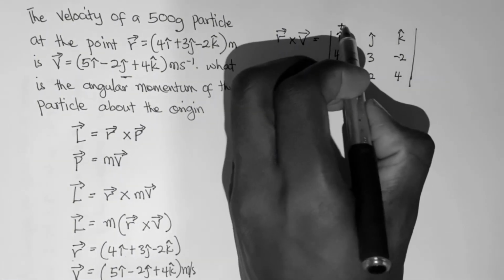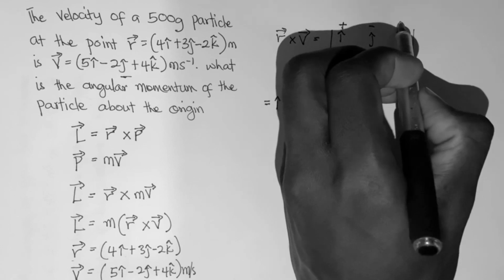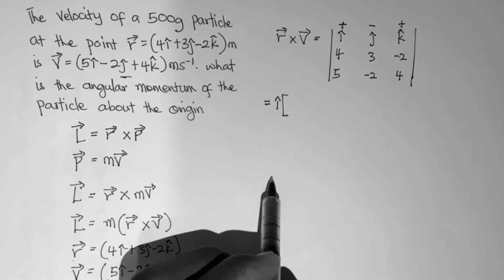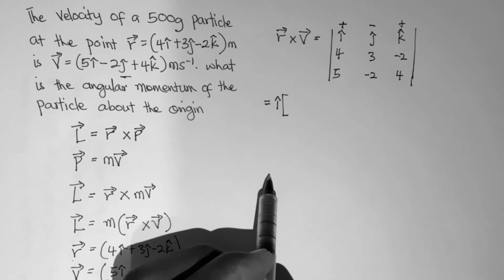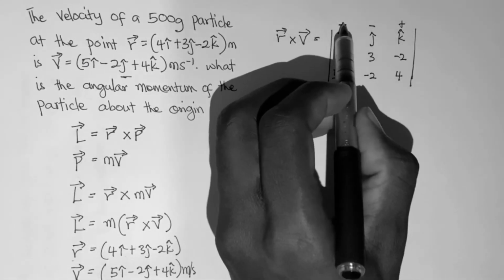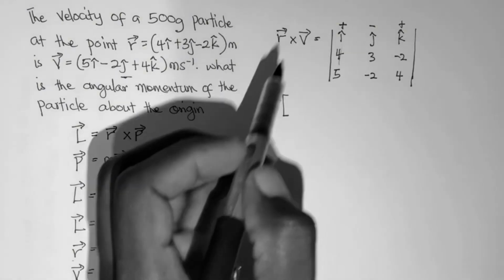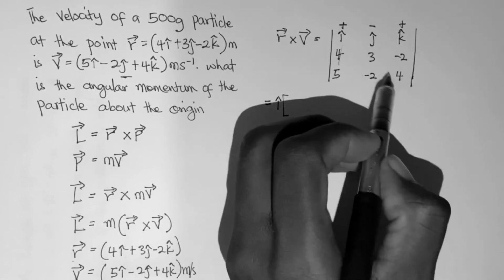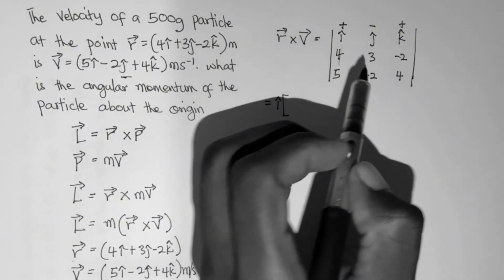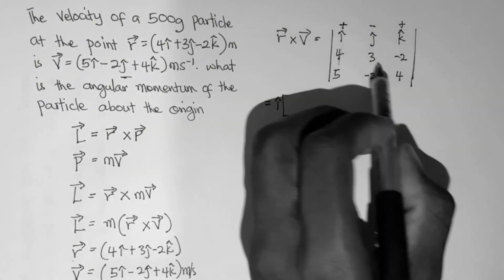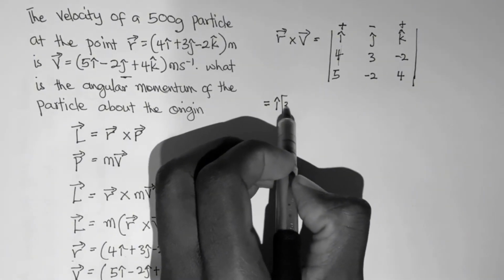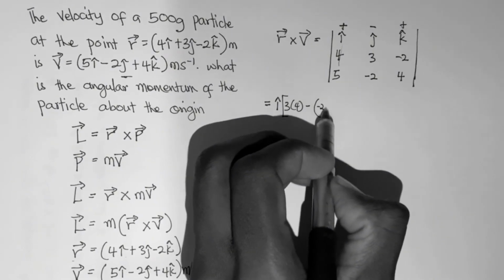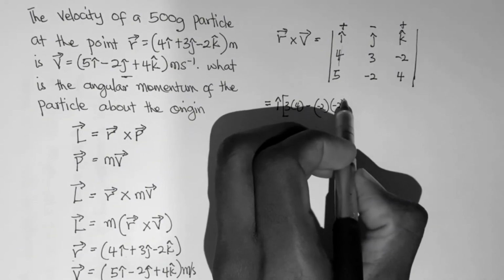Now you bring the unit vector i first. Remember that the signs are plus, minus, plus; these are the cofactors of the matrix. So this will become i, then you cross out the row and column of the unit vector i, and find the determinant of the remaining 2x2 matrix. That will be 3 times 4, minus, in brackets, minus 2 times minus 2.